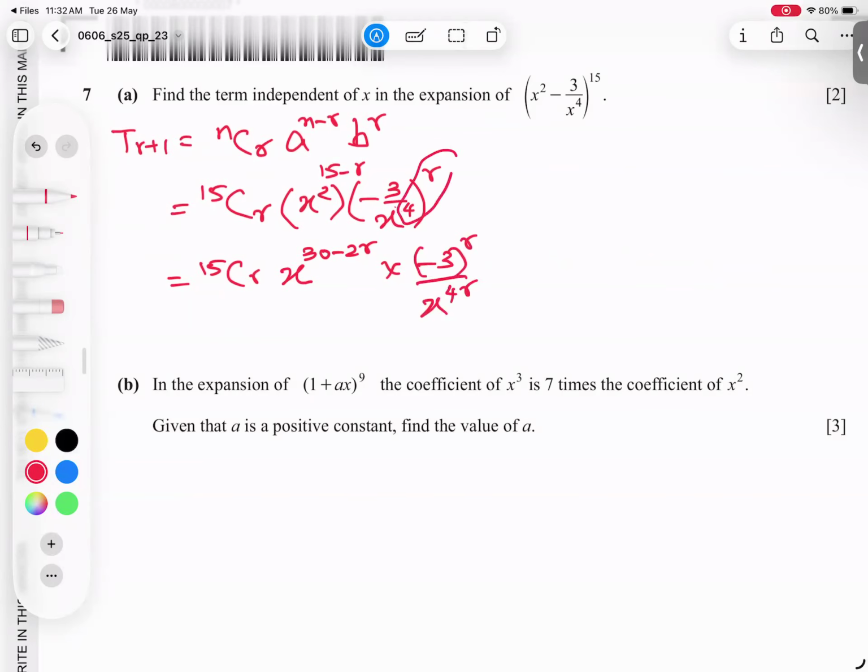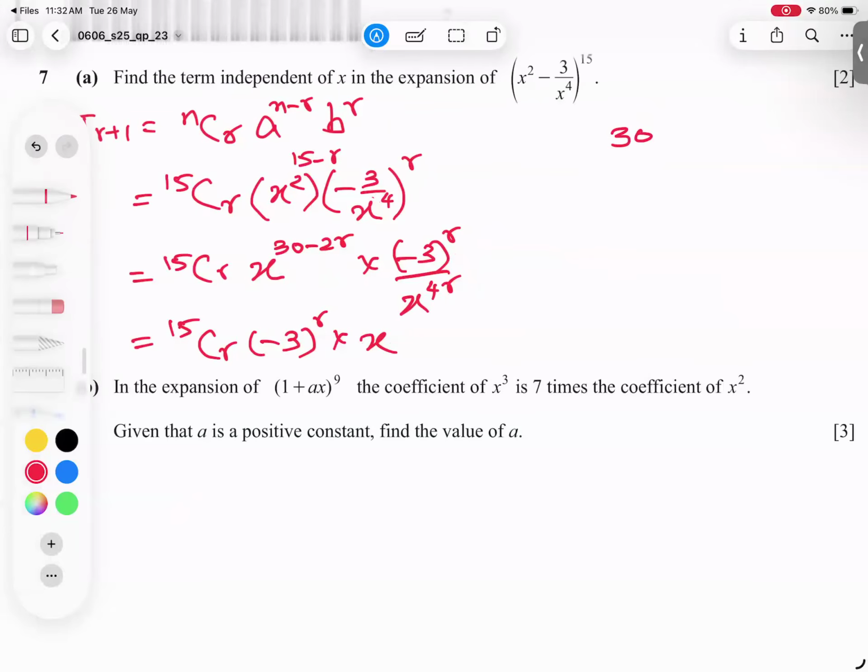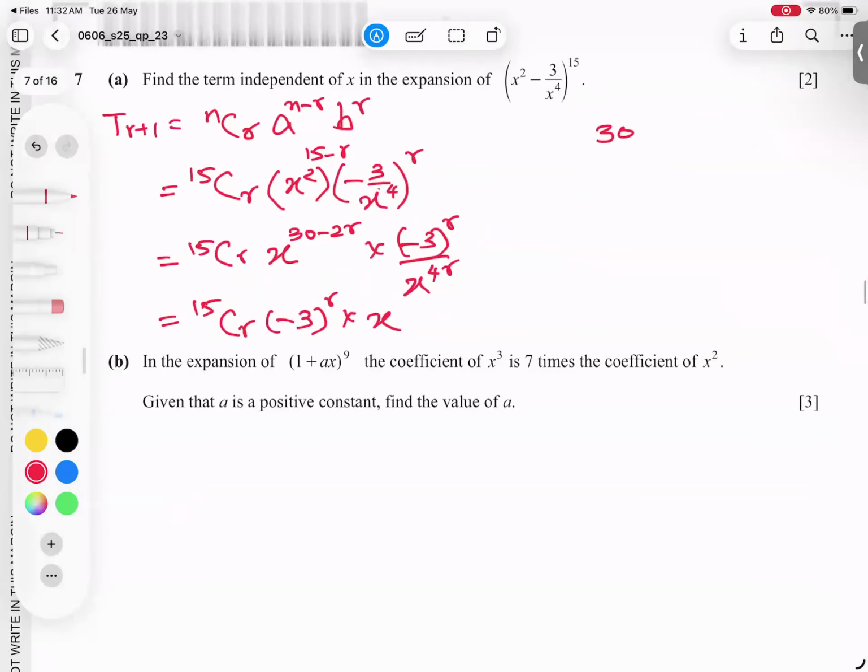How 4r? Power and power multiply. Now upper power minus lower power because they are dividing. So I'm writing negative 3 to power r here and x to power, this is our 30, look, I show you here. 30 minus 2r, 30 minus 2r minus 4r. This comes from here. I think point is clear. And I got 30 minus 6r.